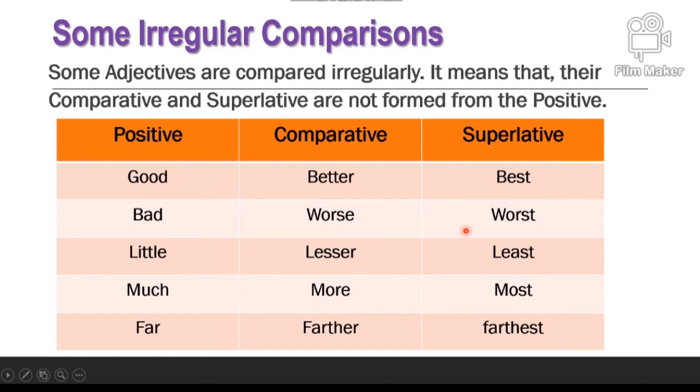Bad, worse, worst. Little, lesser, least. Much, more, most. Far, farther, farthest. Here we can see spellings of positive are totally different from comparative and superlative. These are totally different words which are used to compare.